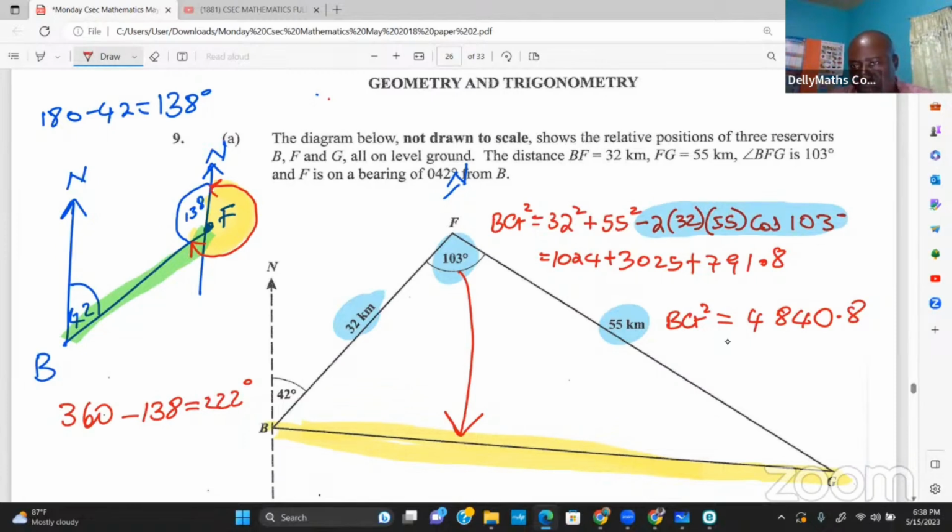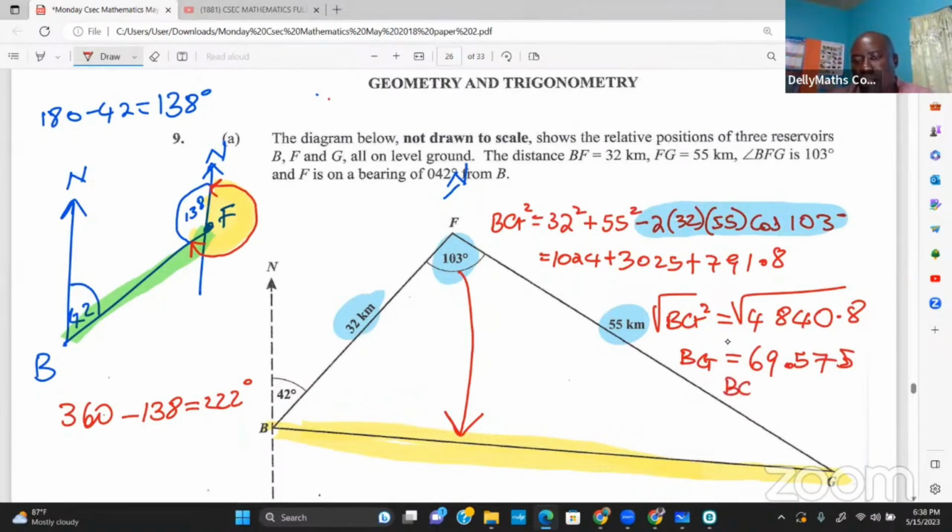Finally, let's take the square root of that. And I'm getting here for BG 69.575. But remember, they did say to 1 dp.